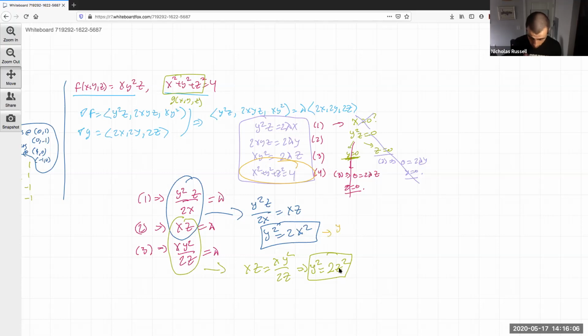So this gives me y squared over 2 is equal to x squared, and y squared over 2 is equal to z squared. And so I'm going to replace my x squared and my z squared in here. Because of that, I can solve for y squared, and therefore I can solve for y.